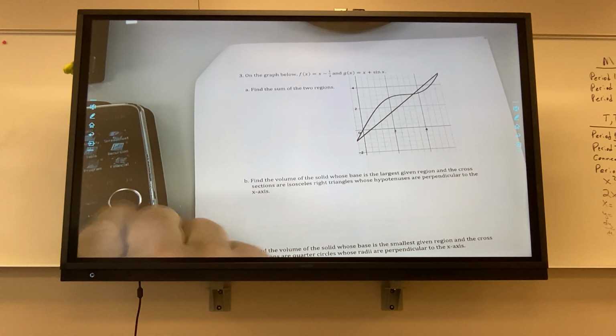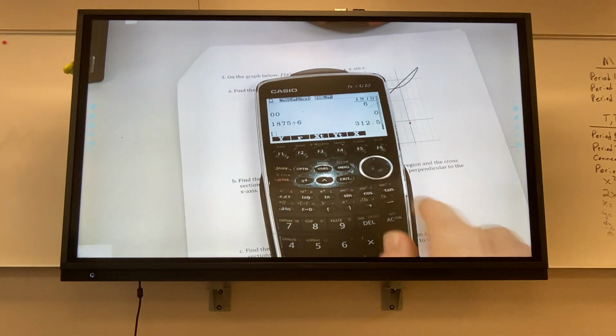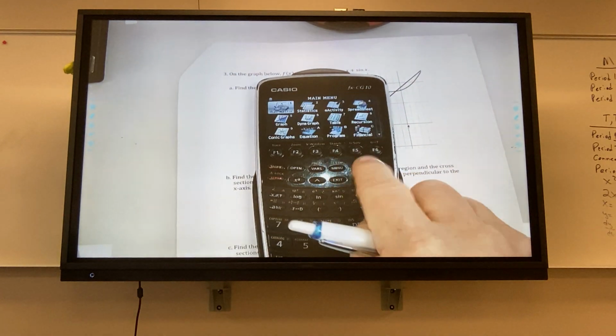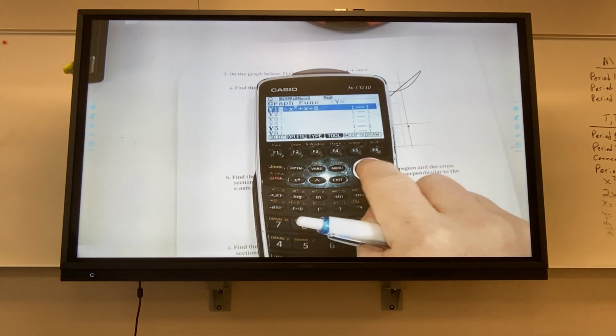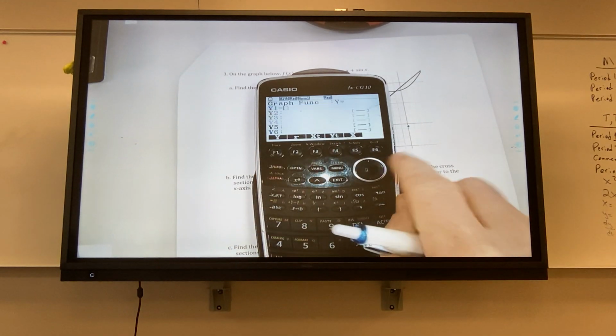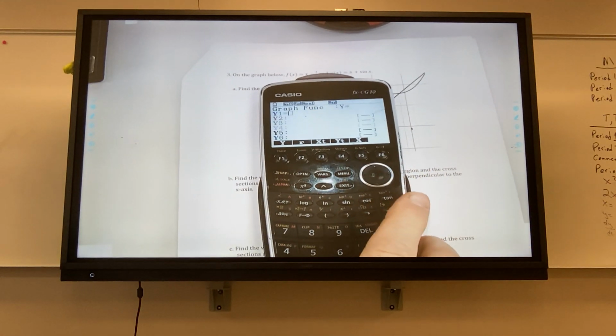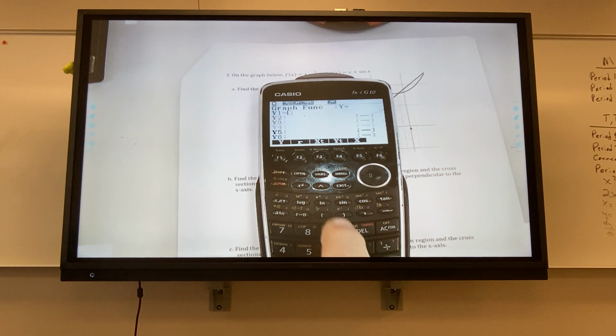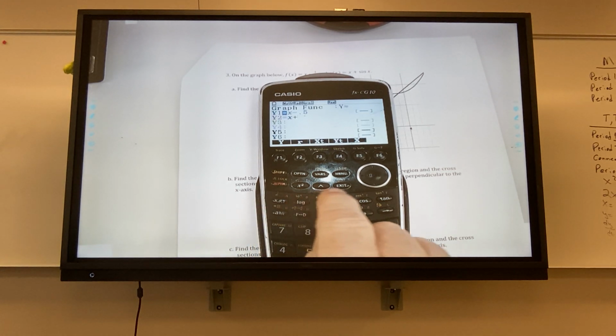And I went to my graph. I'll get rid of this one. And I put in F first, I put in X minus 0.5. And then I put in X plus the sine of X.